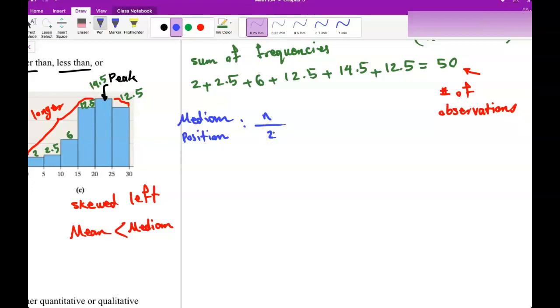So n is 50, divided by 2, we have 25. And the other position is n divided by 2 plus 1, so that is 26.